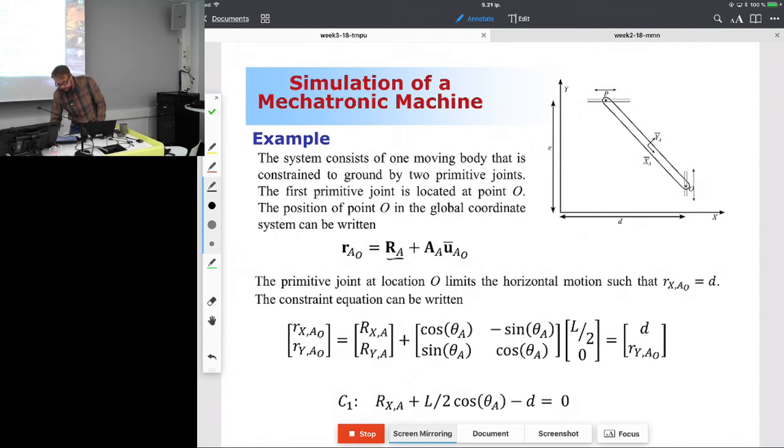So first, again, we have this R vector that tells us the translation of the body reference coordinate system. So it takes us from here to here. And then we're going to use a rotation matrix to describe the orientation of the body. And then we're going to use a vector u-bar to travel from this coordinate system to this point. If the length of the beam-like body is L, how can I reach this end?